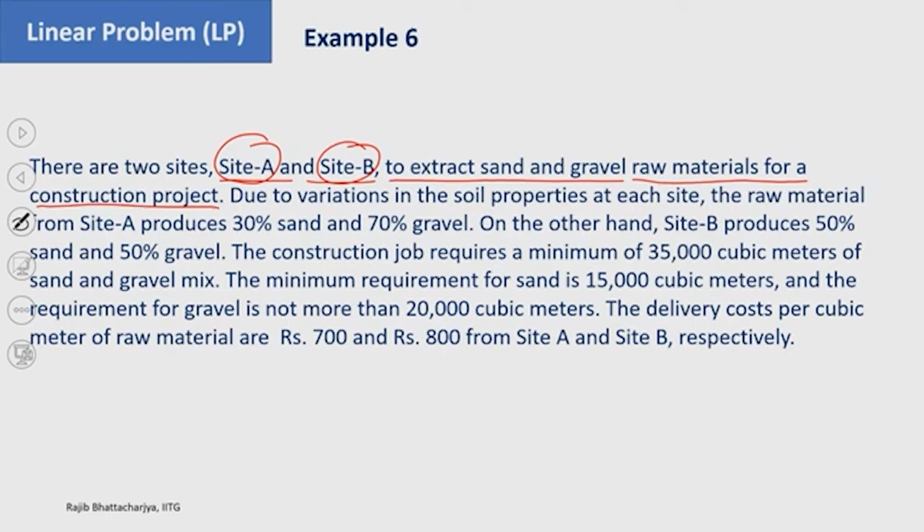Now, due to variation in soil properties at each site, the raw material from site A produces 30% sand and 70% gravel. So, if I take the raw material from site A, it contains 30% sand and 70% gravel.